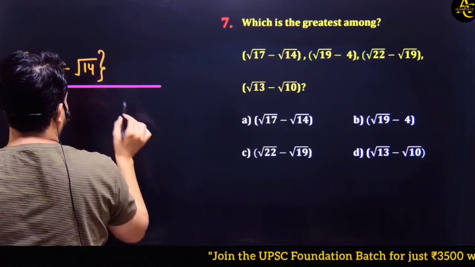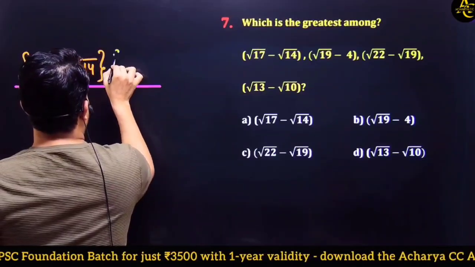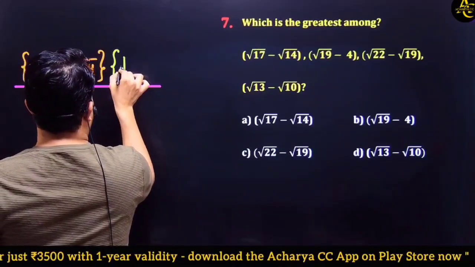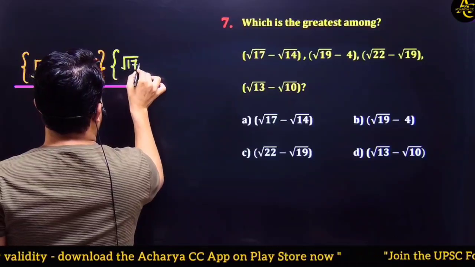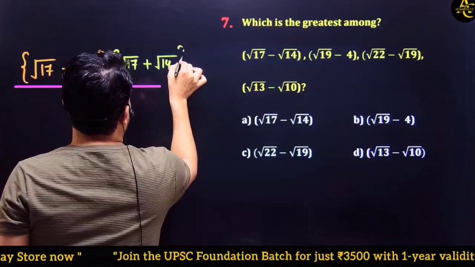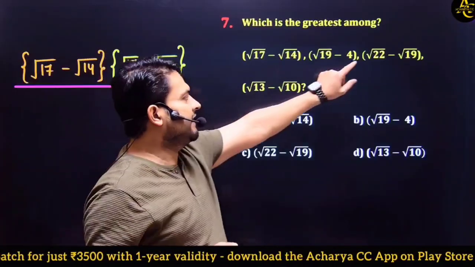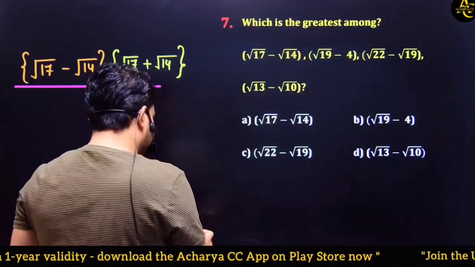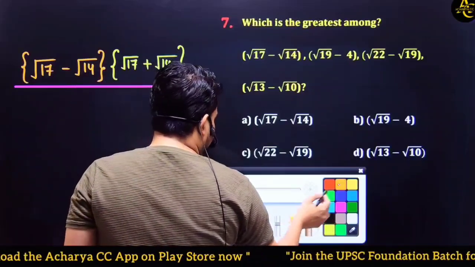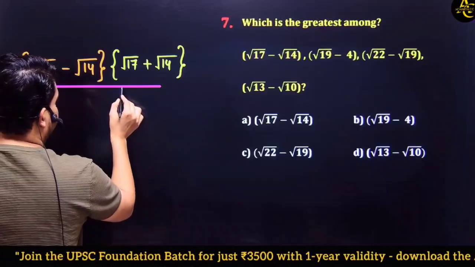Conjugate means opposite in sign. So what will be the conjugate of this number? From there you will know the basic concept of this question. This one is the conjugate of that number. So we will get a trick from here, and you need not solve each and every expression. We just have to follow a simple technique. So in the denominator, what do we have?